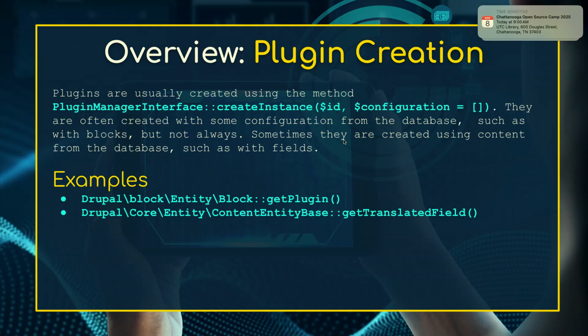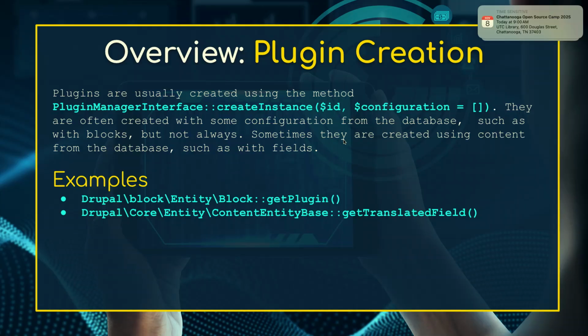Okay, so how to create plugins. They're usually created with the create instance method, and usually some configuration from the database. A lot of plugins use the configuration management system to store some data, and then you retrieve it through that configuration for your plugin instantiation.